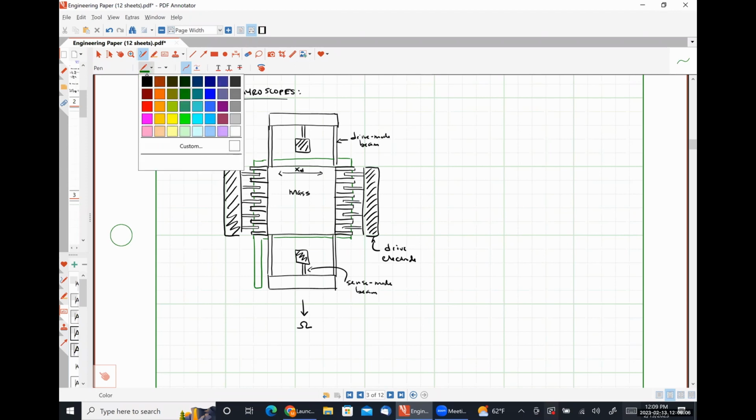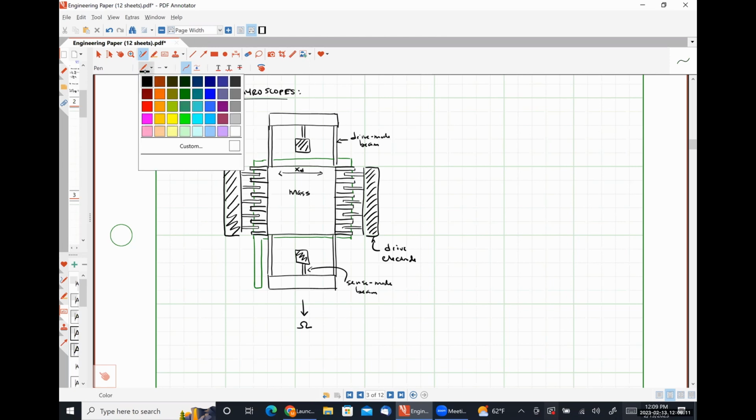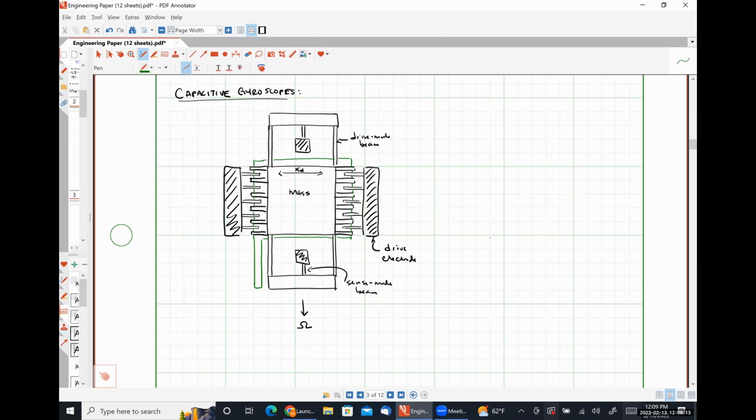So from a side view kind of thing here, let me draw this. This is our sense electrode. Which we have here. Over here, we have our anchor.